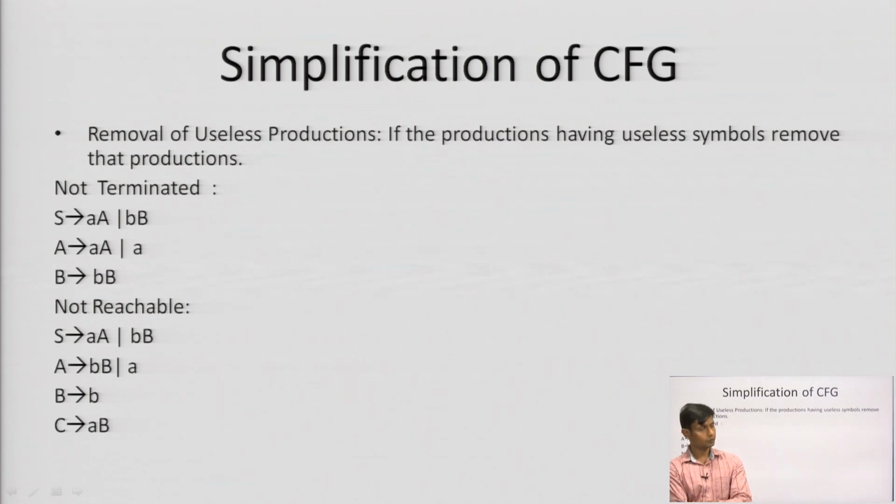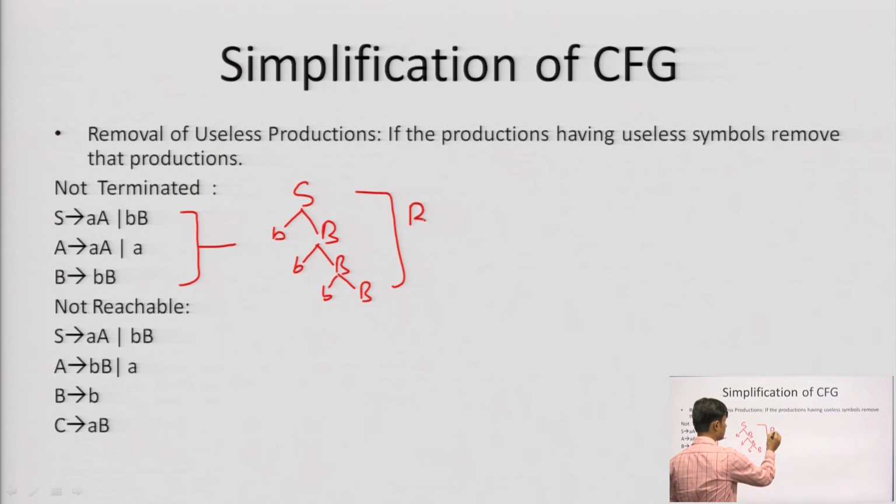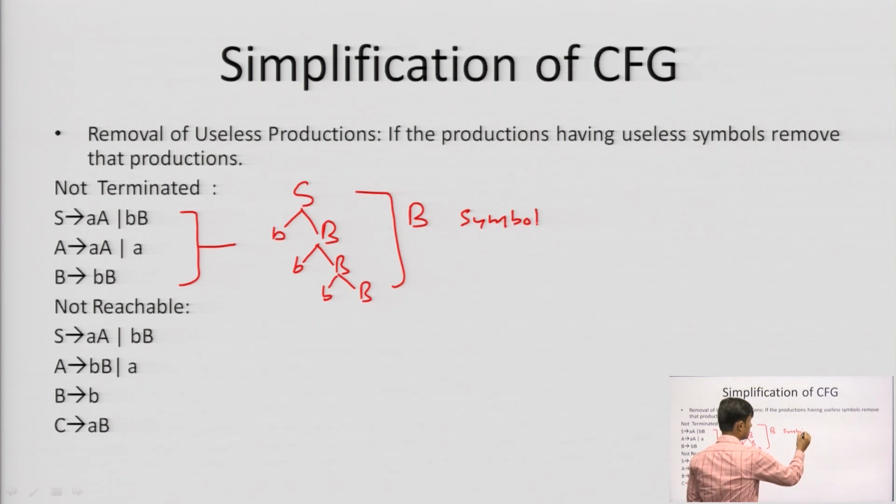So, these are non-terminal. Here one grammar is given, you can check from this grammar that B is non-terminated. Suppose we go to S, we will draw a parse tree, S to B, B, then B to B, B, B to B, B. So, this B symbol is non-terminated.